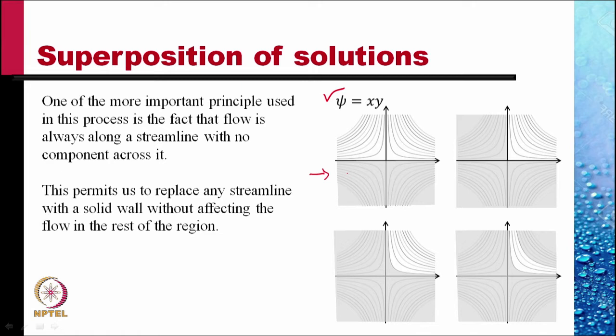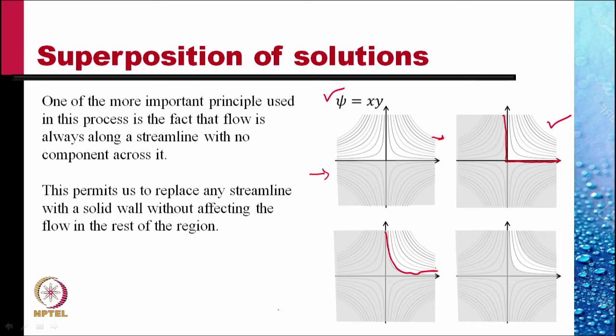In the second picture, we have replaced these parts of the axis with walls so that the same stream function represents the corner flow into one corner. In the third picture, we have replaced this streamline with a wall.